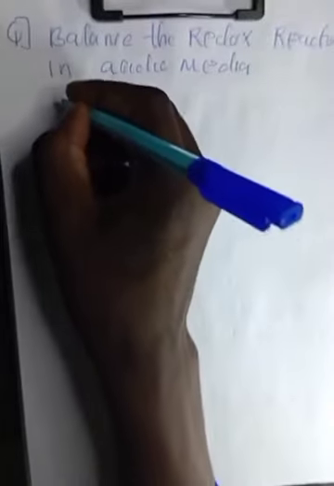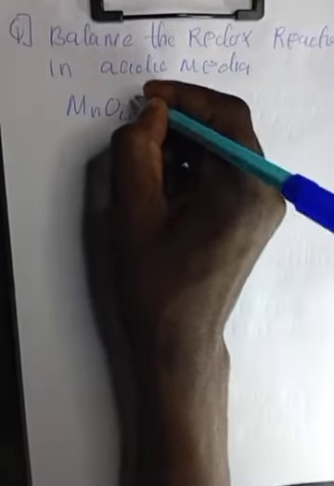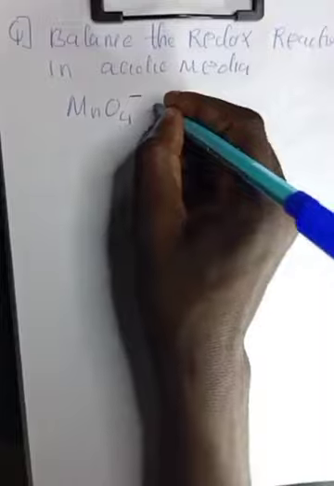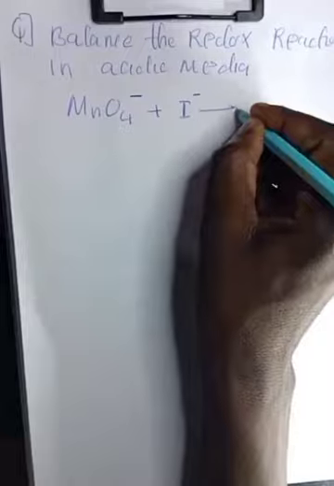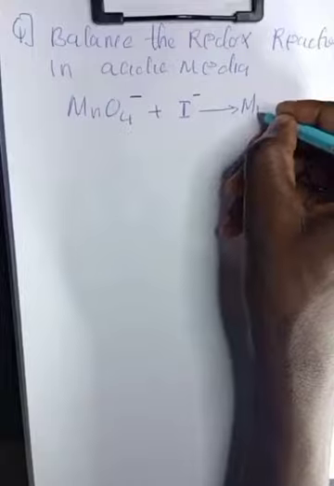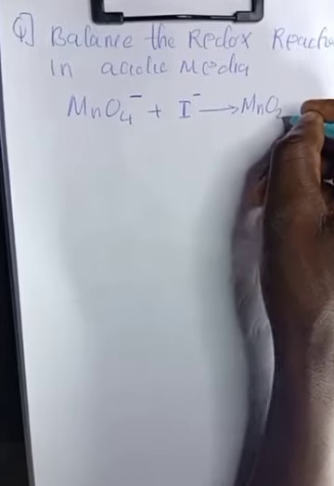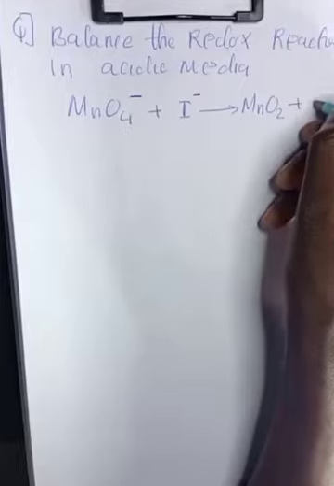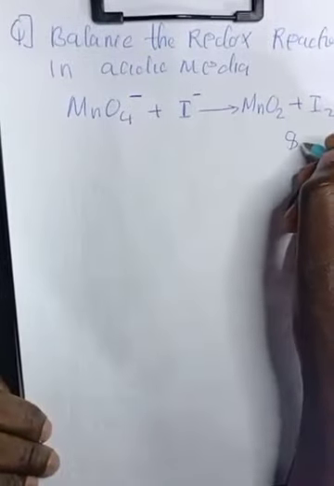So the reaction is MnO4 minus plus I minus, we are getting MnO2 plus I2. Yeah, so this is the reaction. So this is 8 marks.